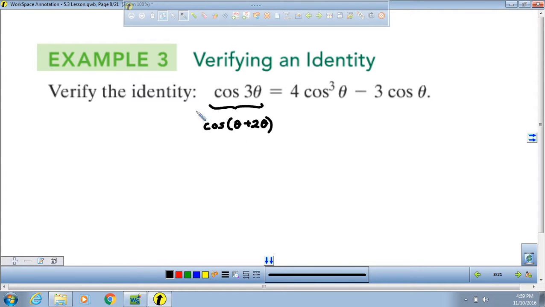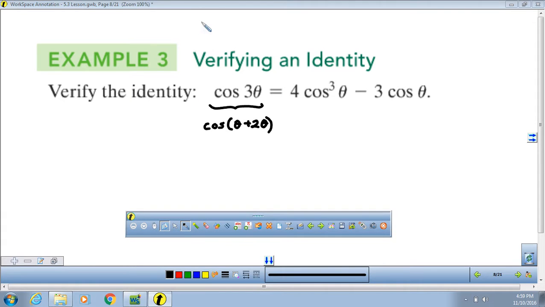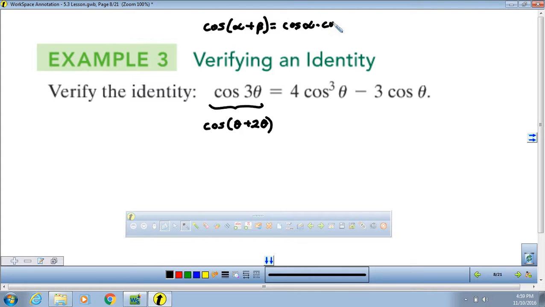And if you look at your formula for cosine of alpha plus beta, I'm going to write it on the top. Cosine of alpha plus beta is the same thing as cosine of alpha times cosine of beta, then the sign changes, minus sine of alpha times sine of beta. And do you see that you have a subtraction right here in this problem? So that is the key.